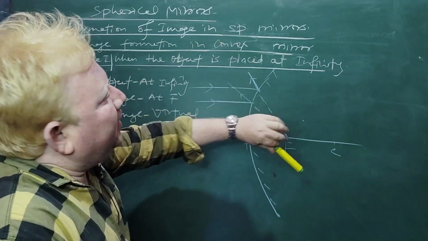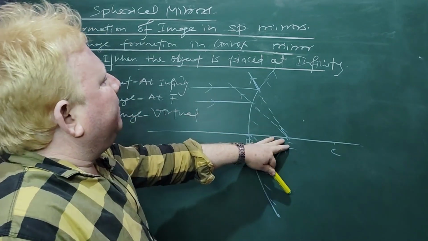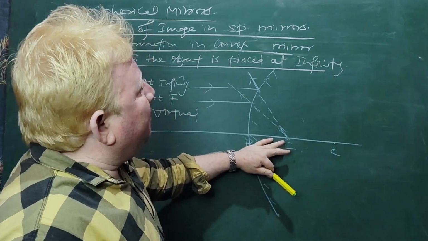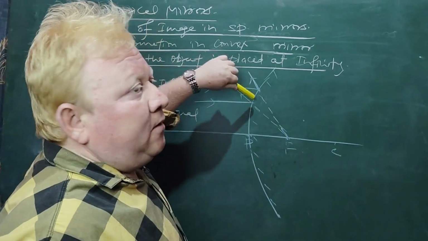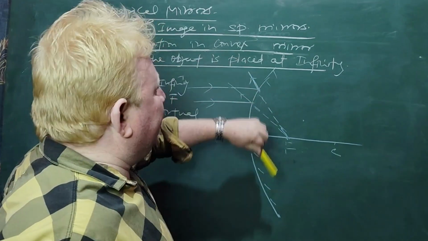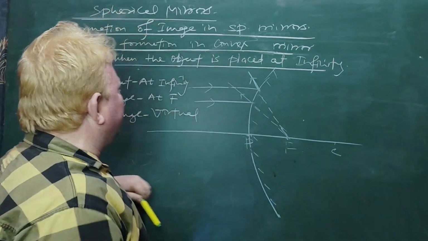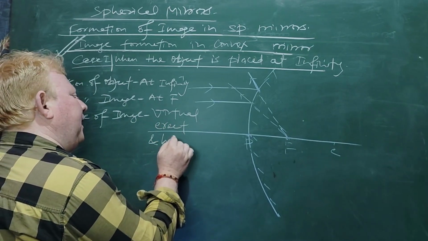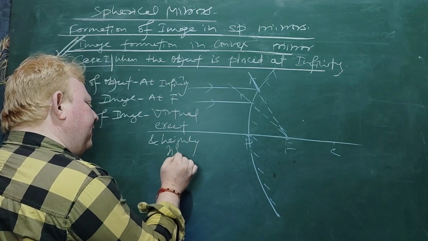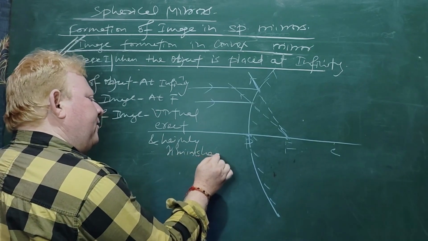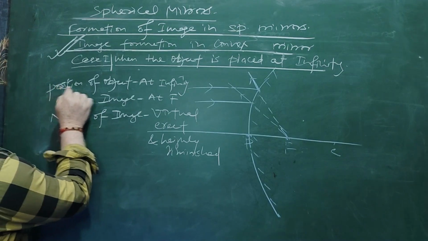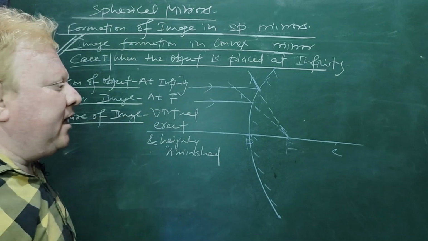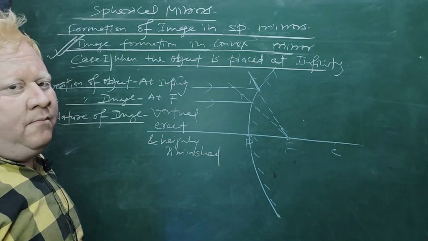In fact it is meeting virtually. So this is the virtual meeting, not an actual meeting. I have said already that actual meeting means a bold line, and virtual meeting means a dotted line. So here it is a dotted line meeting. So it is virtual, and virtual means erect and highly diminished. So this is the position of object, position of image, nature of image. These 3 points you definitely write and mention for the diagrams.